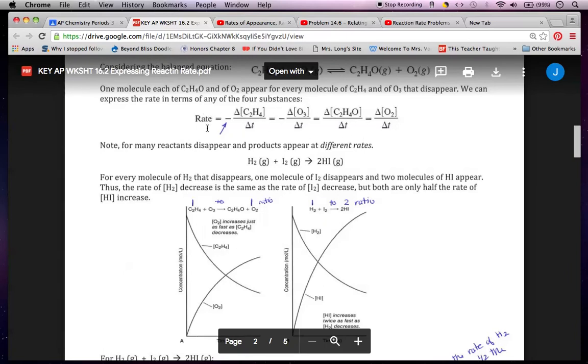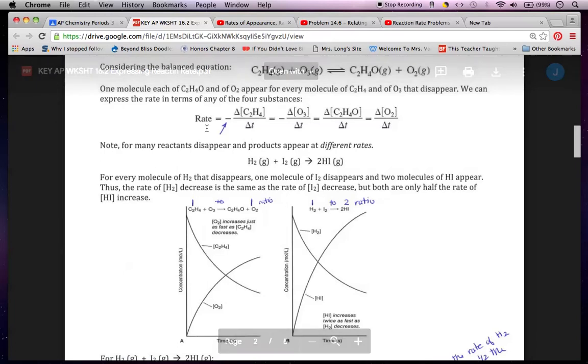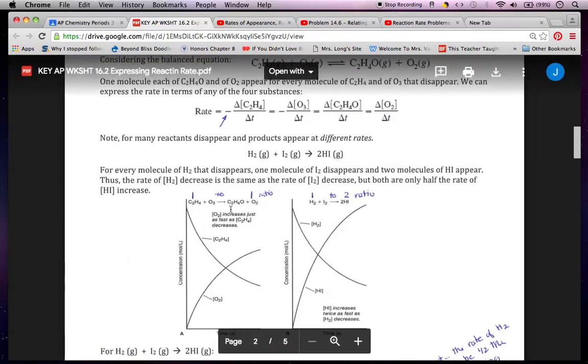Now this rate is the rate of the reaction, and then each of these is the rate of that individual species in relation to each other. Many reactants and products can disappear and appear at different rates when they're not in a 1-to-1 ratio. For the top reaction, I have the chart over here.